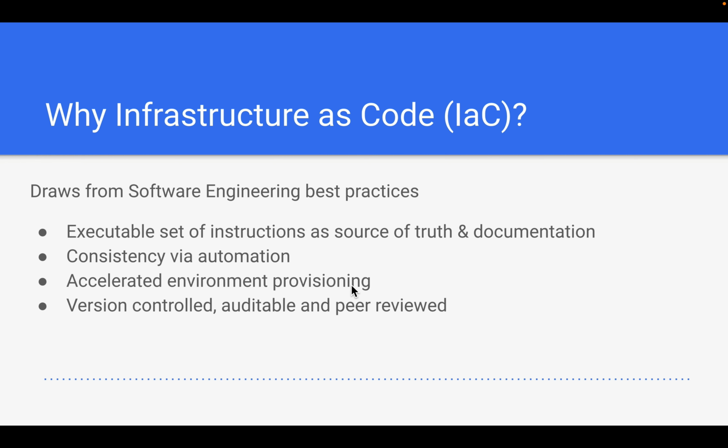So it's like one thing that holds all the truths to your infrastructure. The next two I really like to lump together. One, it provides consistency via automation, and then through that consistency via automation, it accelerates environment provisioning.